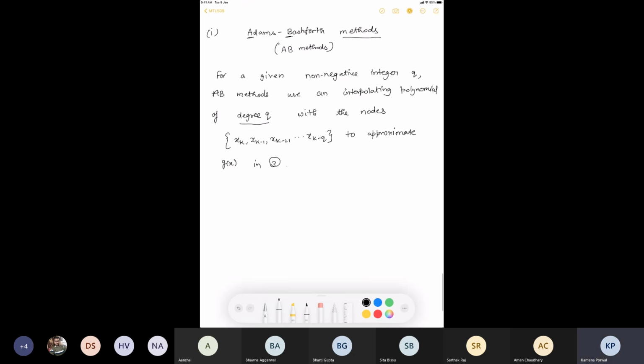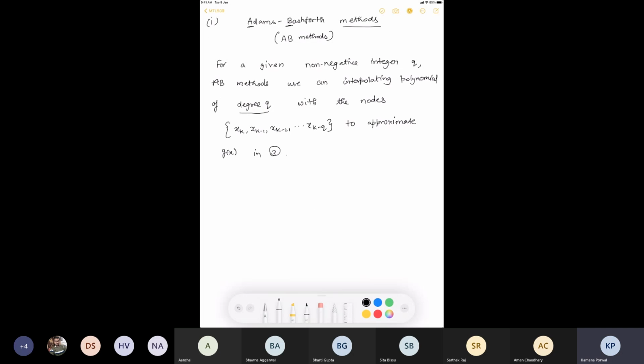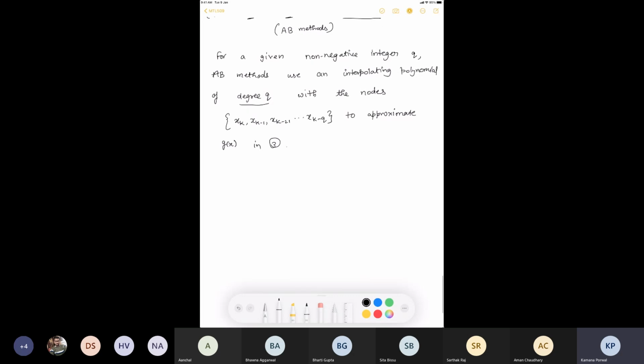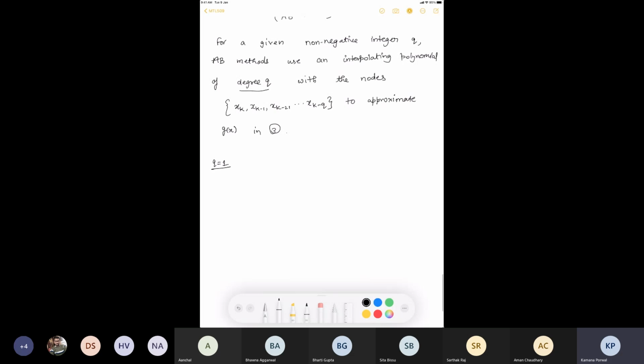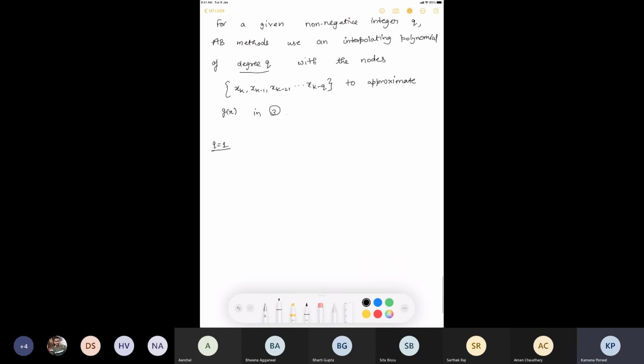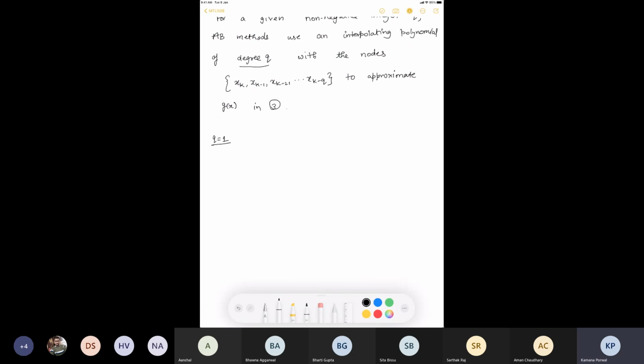All right. So again, I'm going to explain what exactly we get as the method for the simple case, that is, I'm going to take q equal to 1. And whatever we understand for the case q equal to 1, you can do for the general case. Okay. So q equal to 1 means I'm taking a linear interpolating polynomial.